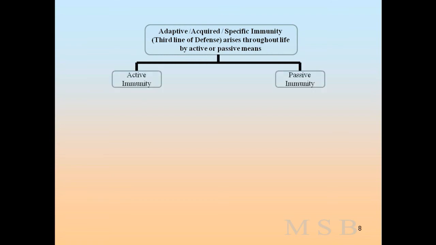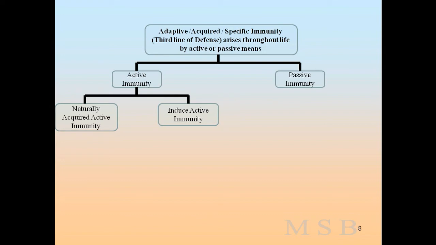Adaptive or acquired or specific immunity arises throughout life by active or passive means. So this is divided into two types, active immunity and passive immunity. Active immunity means it is produced by antibodies that develop in response to antigen, and it is further divided into two types, naturally acquired active immunity and induced active immunity.